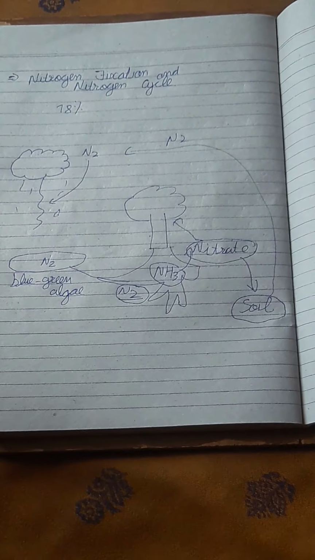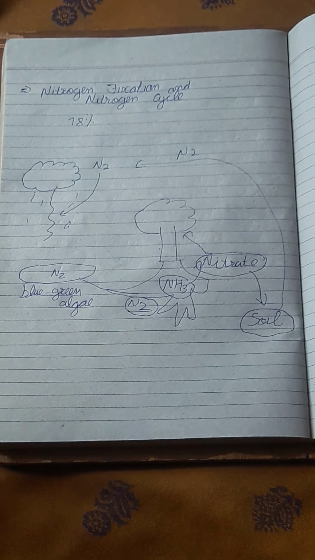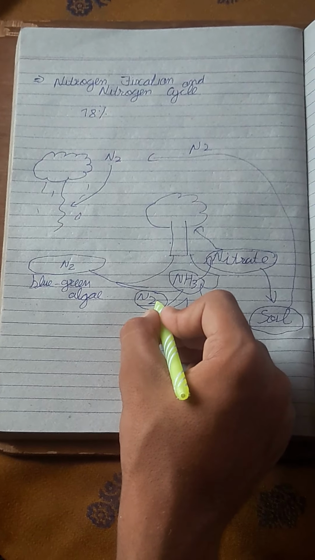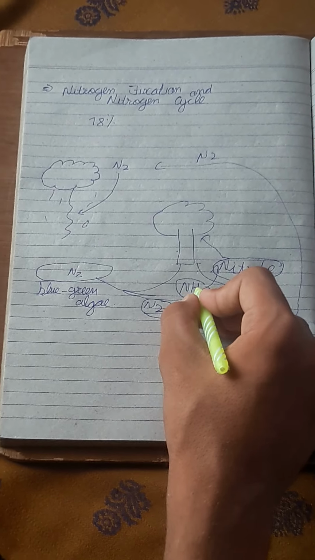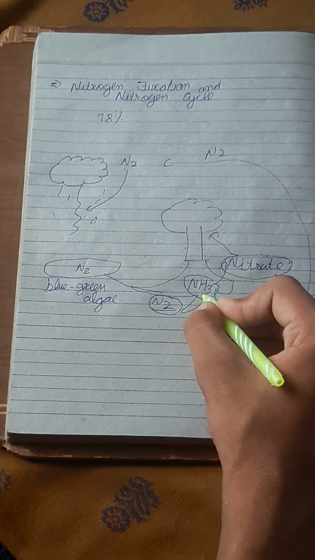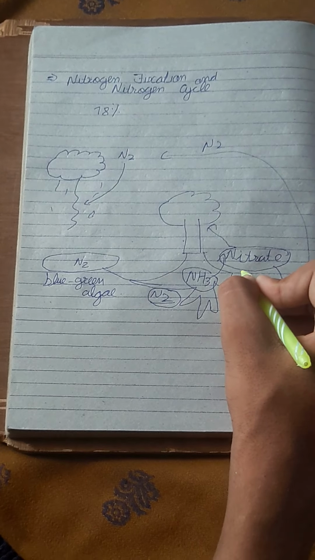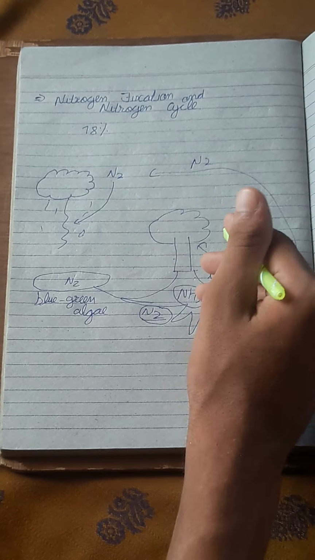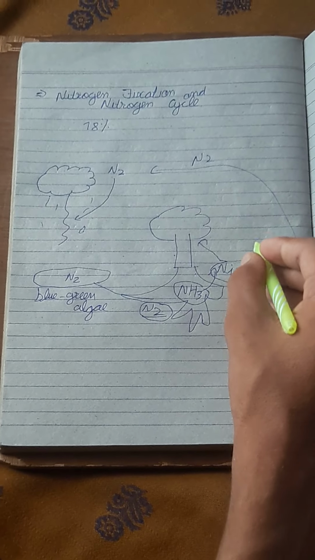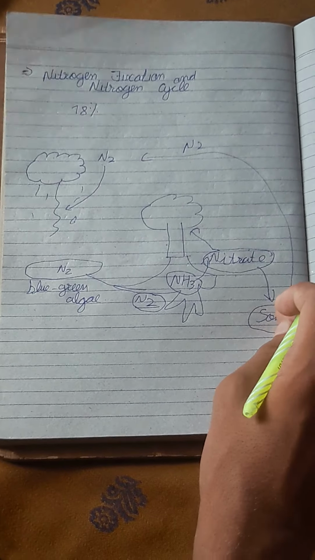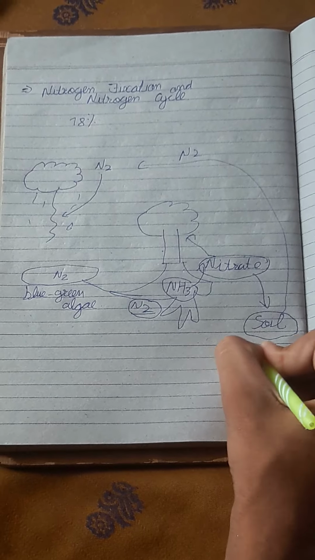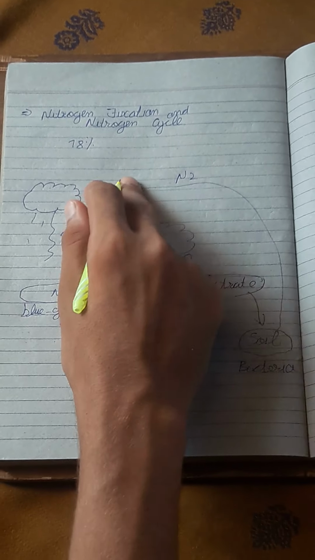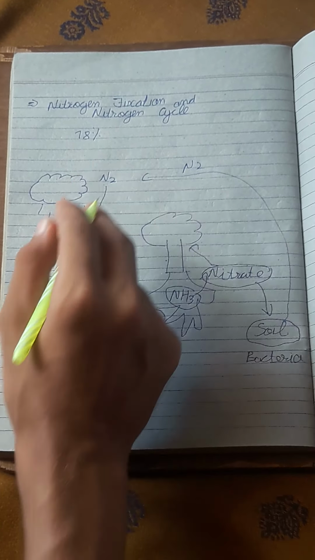The soil contains good bacteria which convert the atmospheric nitrogen into soluble forms, and the plant nodules convert it into ammonia. Ammonia is then converted by bacteria into nitrates, and nitrates are used by the plants and animals. After they die, they return to the soil, and the soil contains bacteria which convert it back into the nitrogen in the air.